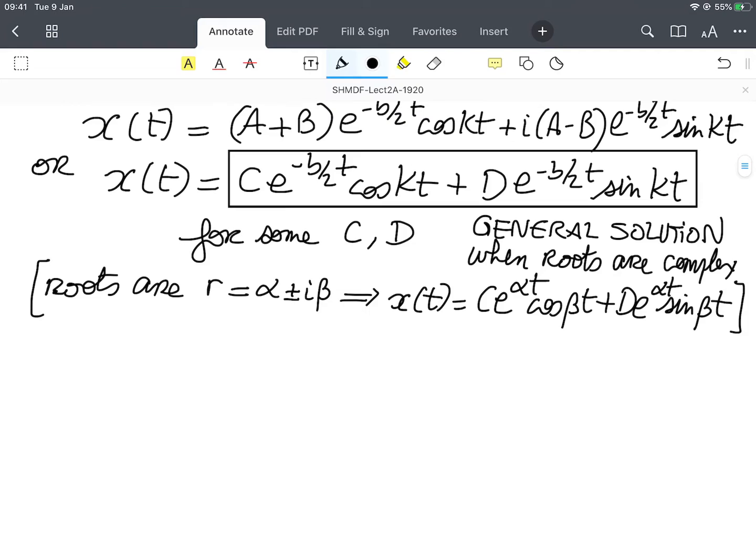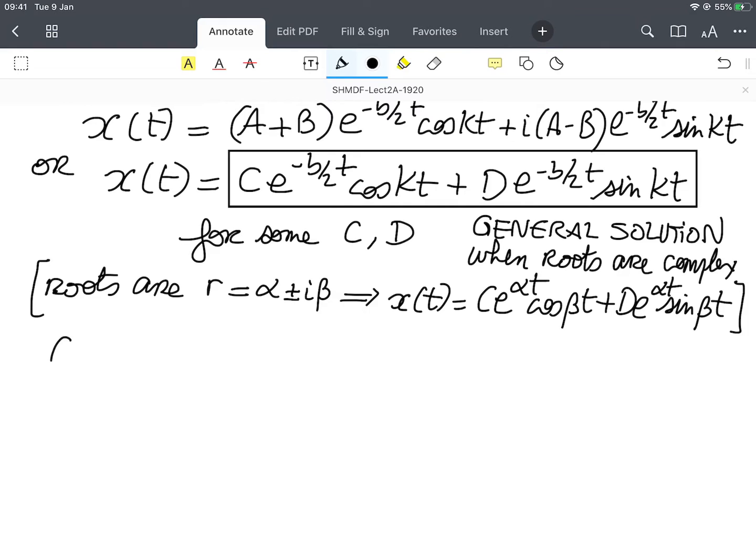Okay, and just like when there was no exponential, just cos and sine, when we were doing simple harmonic motion, we can rearrange the cos and the sine into a sine of at plus b here.